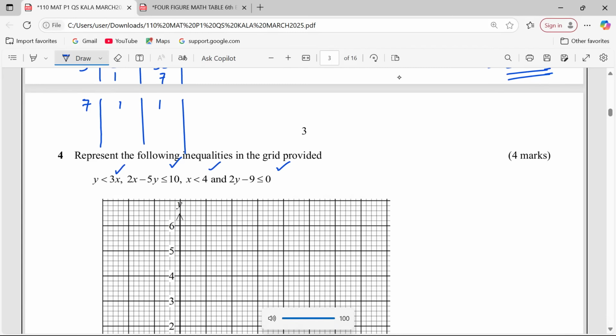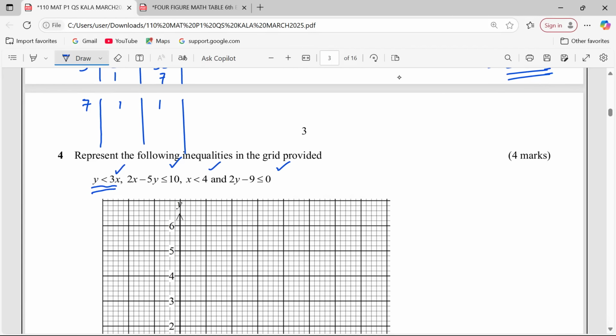I hope that is clear. We represent linear inequalities using linear equations, and these linear equations are called borderlines. So we make it an equation so that it may give us a borderline.